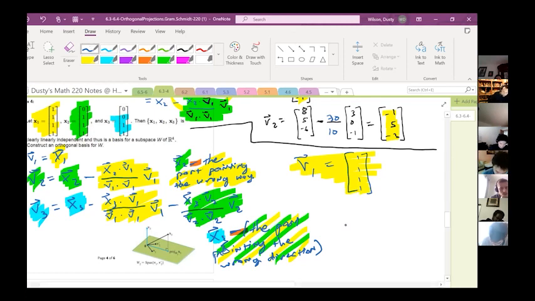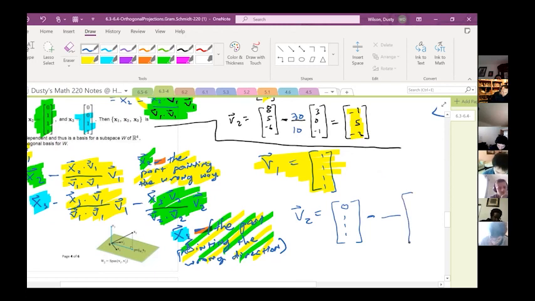Our V2 is going to equal X2, which is 0, 1, 1, 1. And then we're going to subtract some fraction times V1, which is 1, 1, 1, 1.